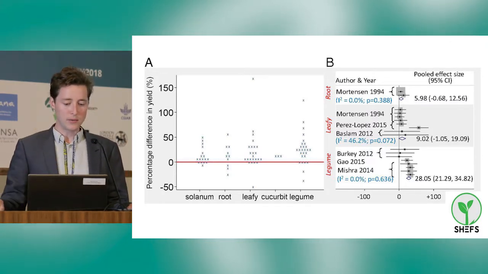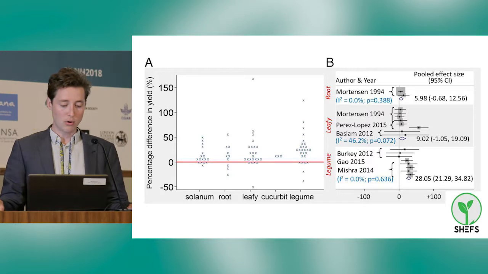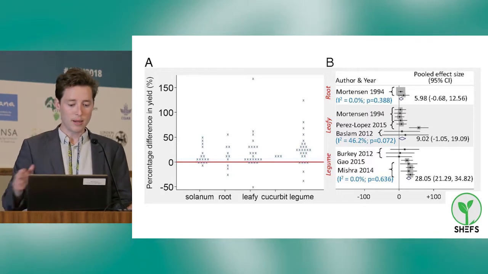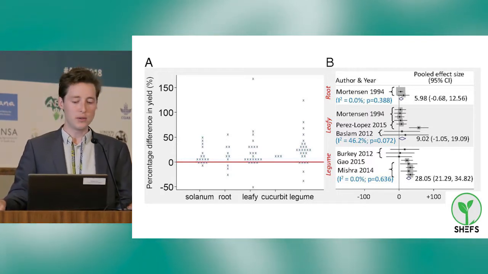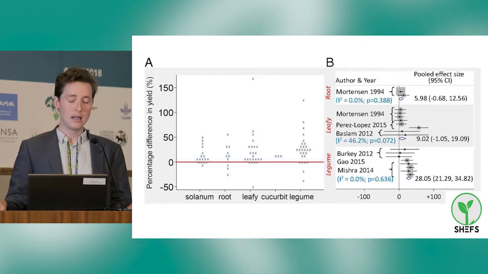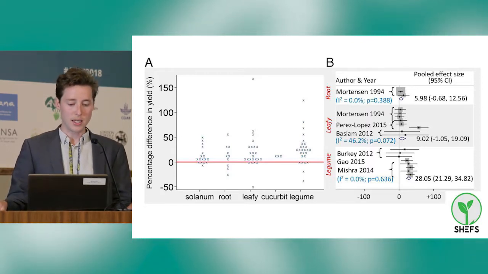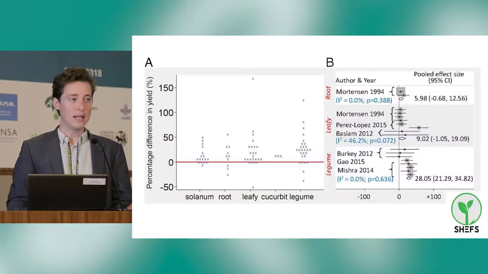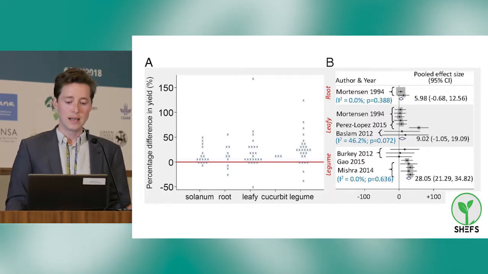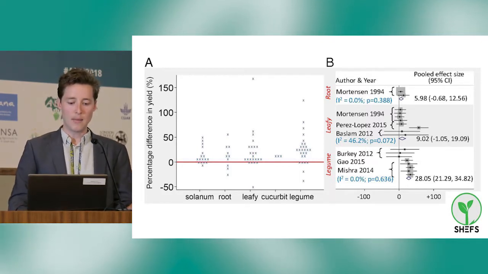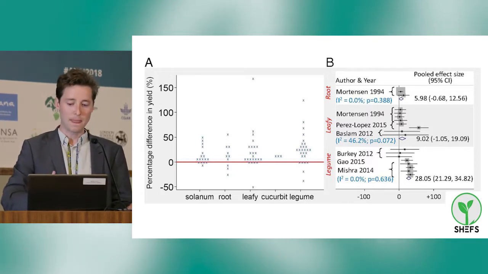Percentage difference in yields of different vegetable crops from a number of different experiments in response to an increase in atmospheric carbon dioxide. So this kind of systematic review can draw together the evidence and look at the consistencies, but also the inconsistencies between different studies. And that helps to provide the coefficients so that we can link between environmental change and food systems.